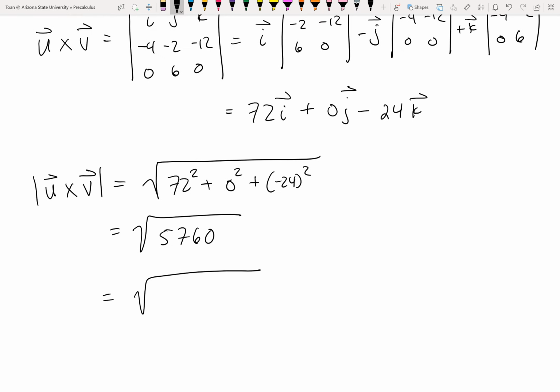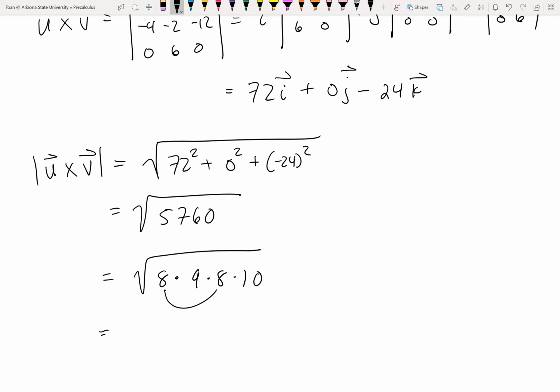I know I can divide out a 9 there, 9 times 8 times 10. I just grabbed my calculator and started dividing by perfect squares. So this is going to be an 8 and a 3, so that's 24. Yeah, I can pull out 24, right? So that's 24 square root of 10. Right, 8 times 3, yep.